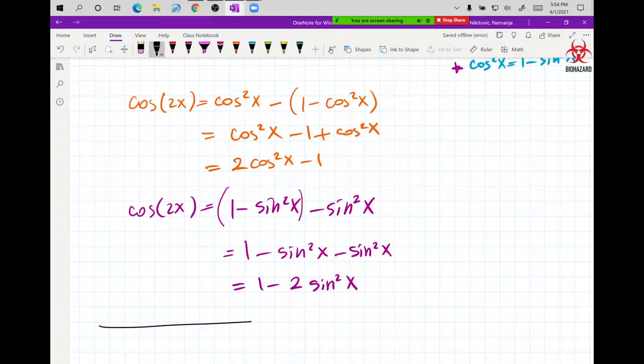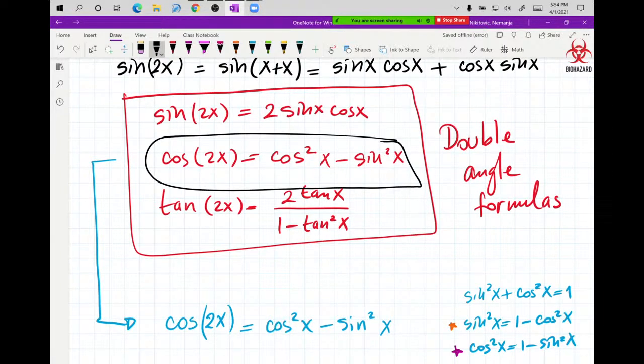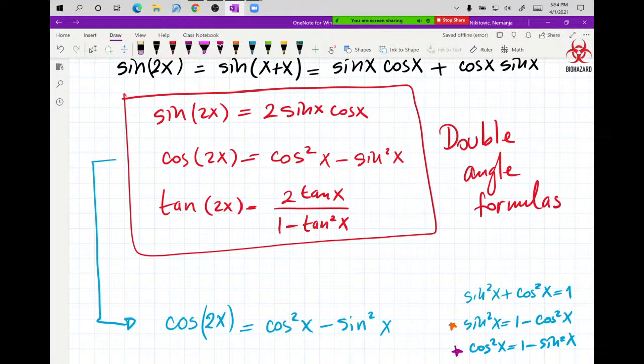So now we derived these, the orange and the purple ones, as alternate forms to this one. And usually in textbooks, when you look in the formula sheet, even online, you are going to find all three of these formulas listed under cosine 2x. And I believe our book does the same on the back cover.